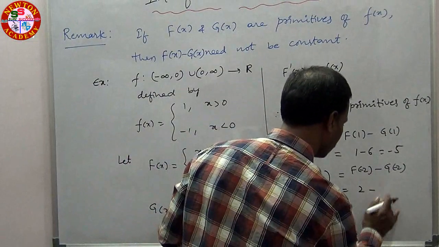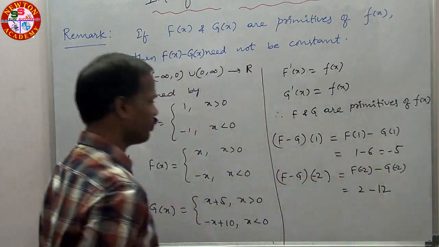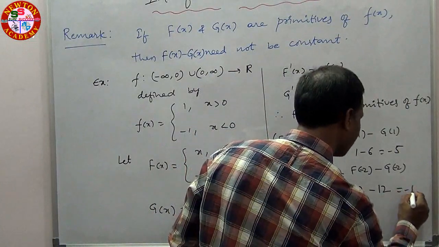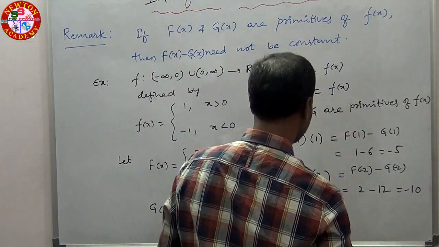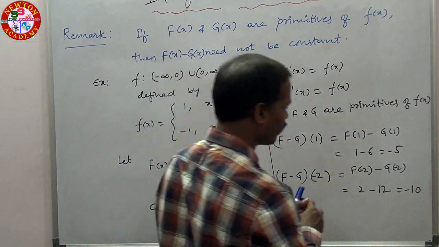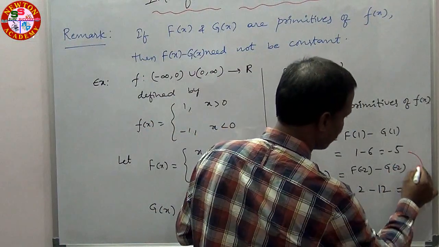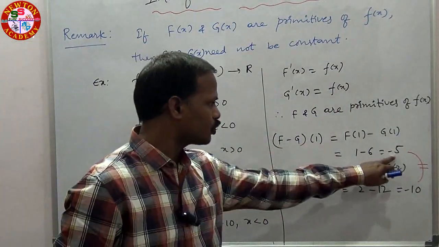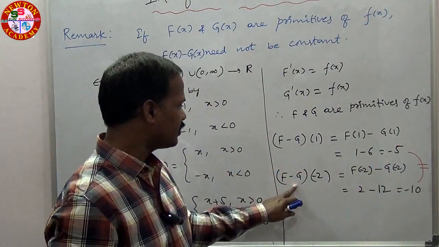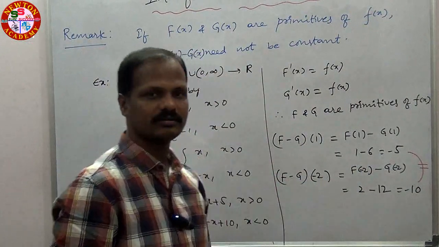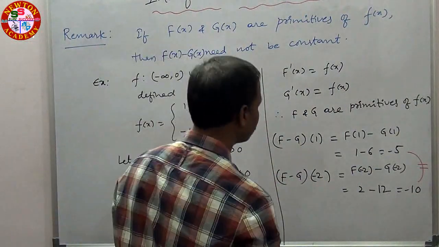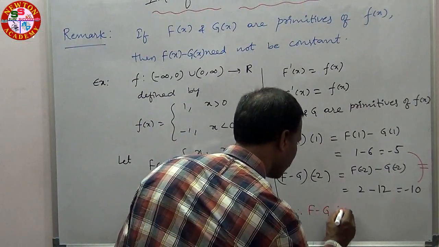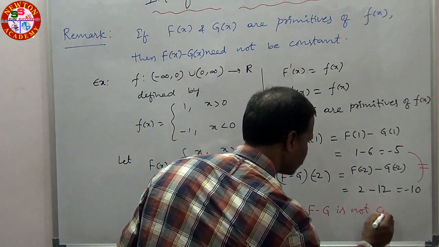So this is equal to minus 10. Therefore these two are not equal. (F minus G) of 1 is minus 5, and (F minus G) of minus 2 is minus 10. So F minus G is not constant.